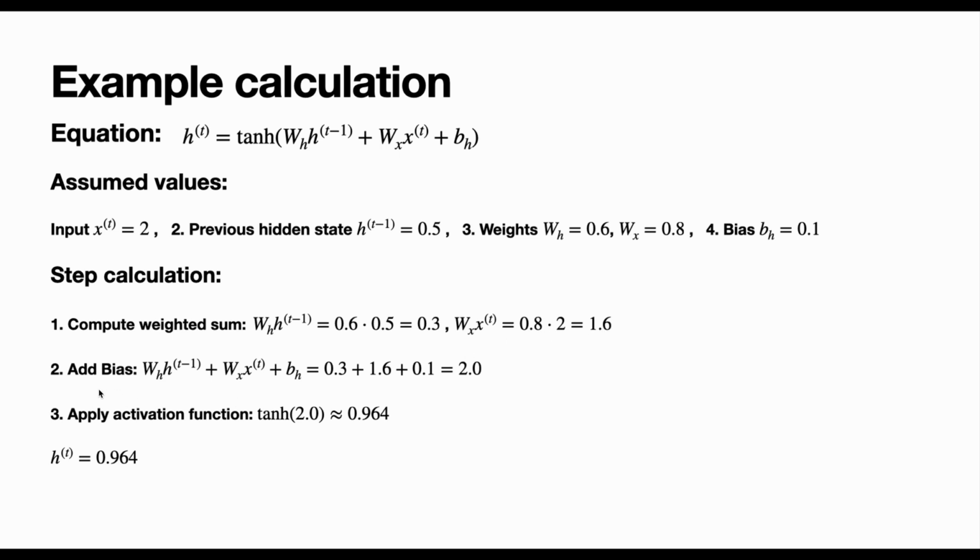Then, it adds a small adjustment called bias to fine-tune the result. Finally, it applies a mathematical function to make the result more consistent and manageable. Outcome. After these steps, the RNN produces a new hidden state, which reflects the combined effect of past and present inputs. In this example, the result is approximately 0.964.